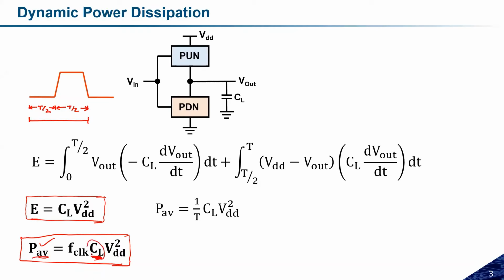If the load capacitance is very small, the average power dissipation will be lower, and vice versa. Similarly, the VDD can also decide the average power dissipation. So these are some of the factors which decide what the dynamic power dissipation from a circuit will be.